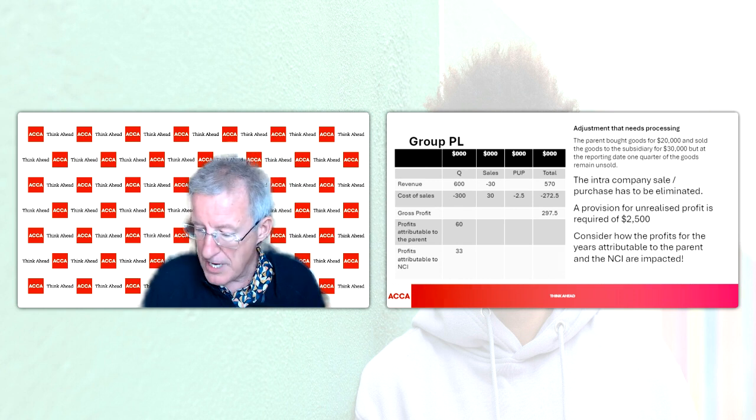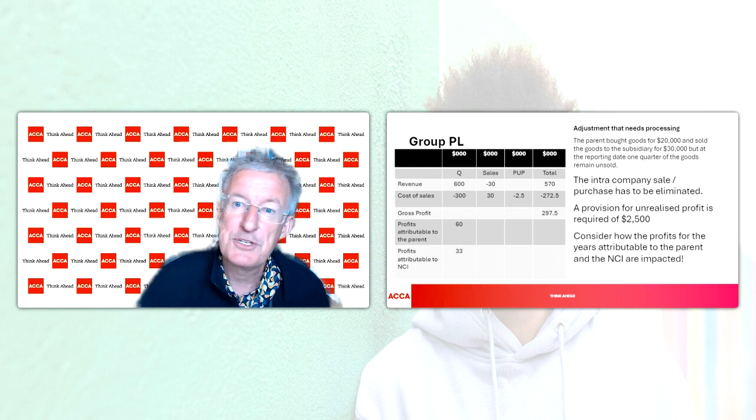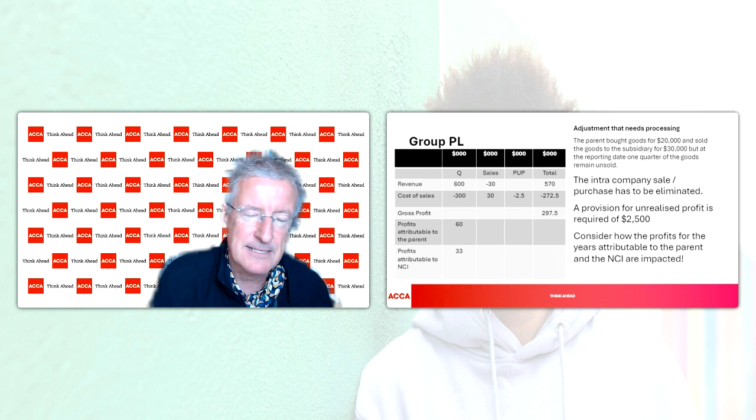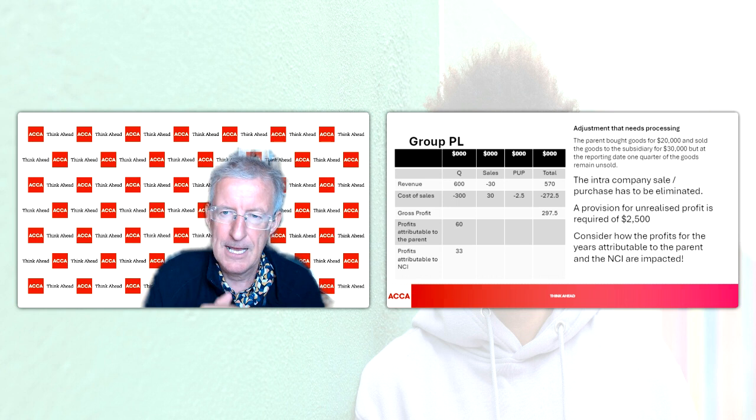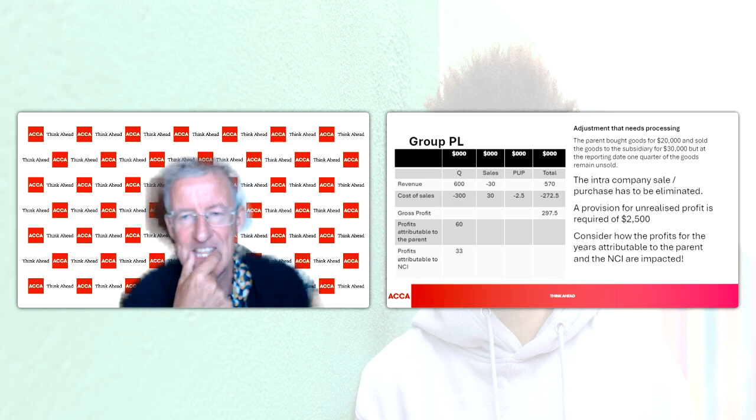And if we do get a group profit and loss account, you have to think about the impact on the profits attributable to the parent and the profits attributable to the non-controlling interest. What's the situation in this case?